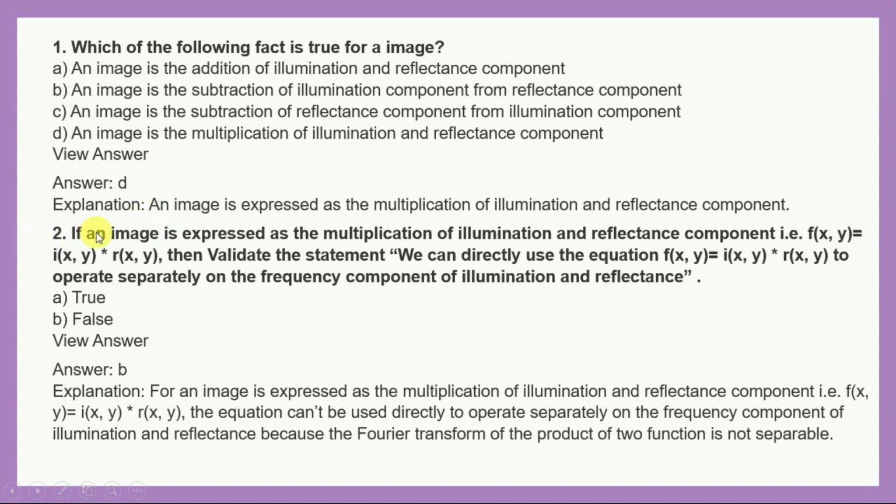Now the next question is an important question, so mark it important, and let's see the question. If an image is expressed as the multiplication of illumination and reflectance components, that is f of x comma y is equal to i of x comma y into r of x comma y, then validate the statement: we can directly use the equation f of x comma y equals i of x comma y multiplied by r of x comma y to operate separately on the frequency components of illumination and reflectance.